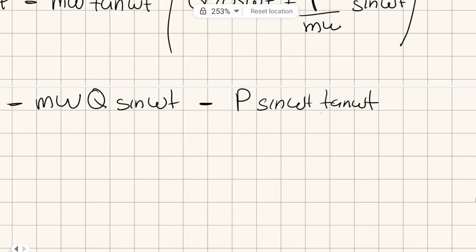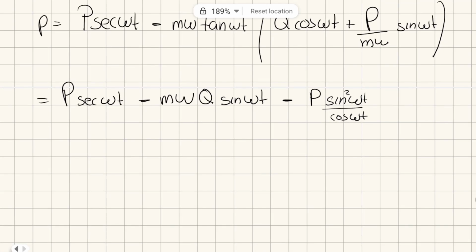But this can be seen as, looking that this is the sine divided by the cosine, we can see here sine squared divided by cosine omega t. And this secant that we have here can be seen as 1 divided by cosine omega t.